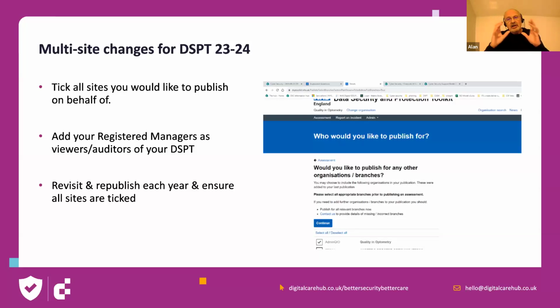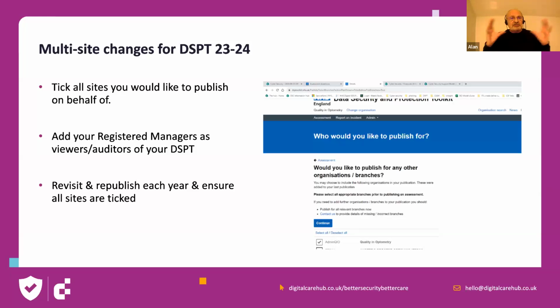You can also, if you wish to allow access to your sites to the DSPT, add your registered managers as viewers or auditors of the HQ publication. But however you've arranged your DSPT publication, you will need to revisit and republish on an annual basis, and you will need to check that the sites that are covered by that registration are still appropriate, etc.